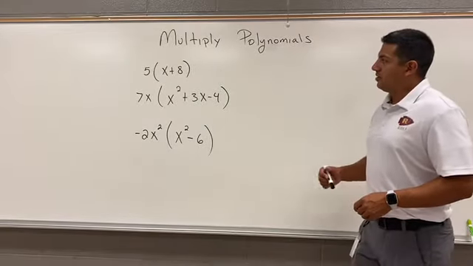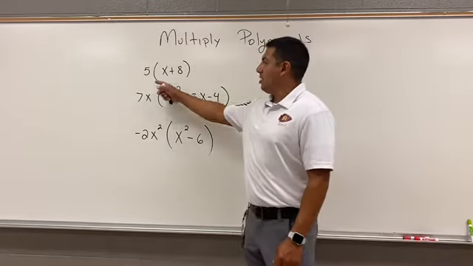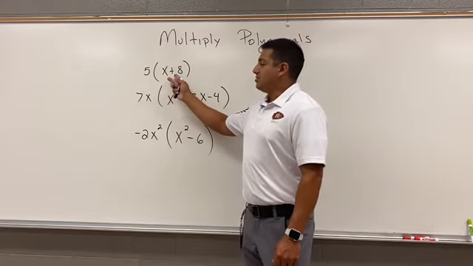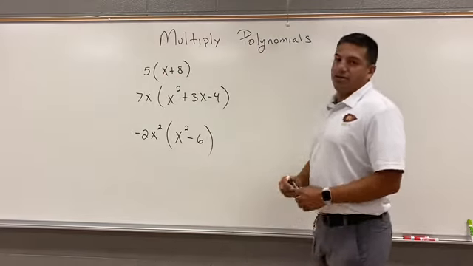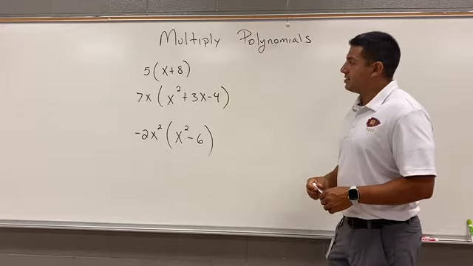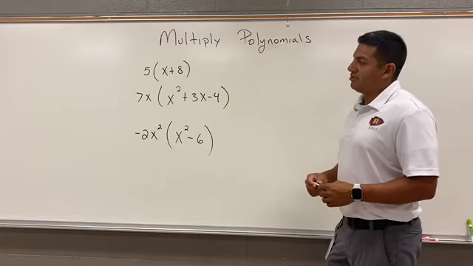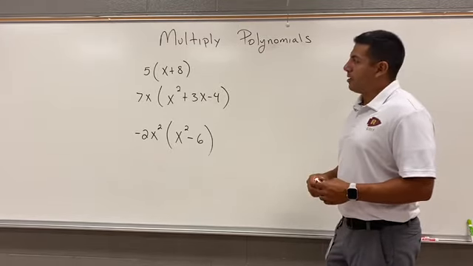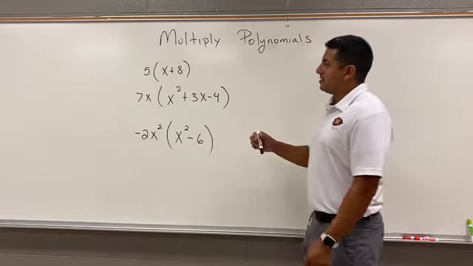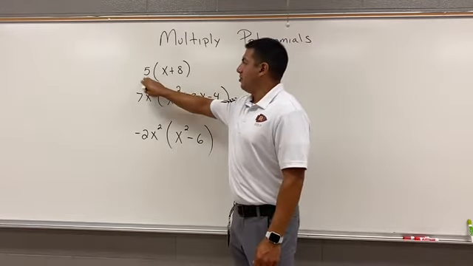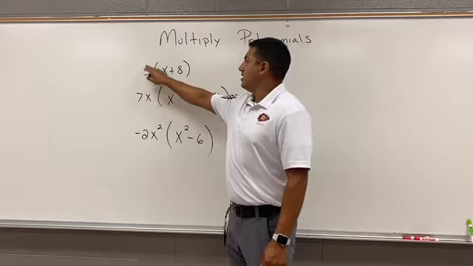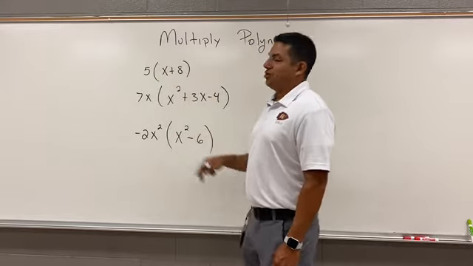All right, so now we're going to look at multiplying a monomial times a binomial or trinomial, and it ends up being the exact same case. So what we have to do here is we have to use what's called the distributive property. And what that means is we have to take the monomial on the outside of the parentheses and distribute it to each term that's in the parentheses.